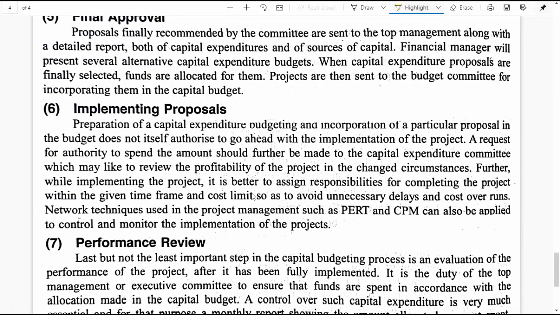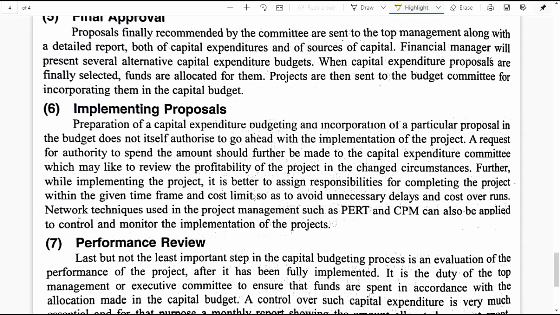And the sixth step in capital budgeting process is implementing proposals. Preparation of a capital expenditure budget and incorporation of a particular proposal in the budget does not itself authorize to go ahead with the implementation of the project.